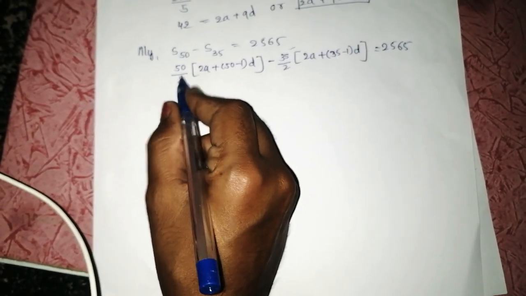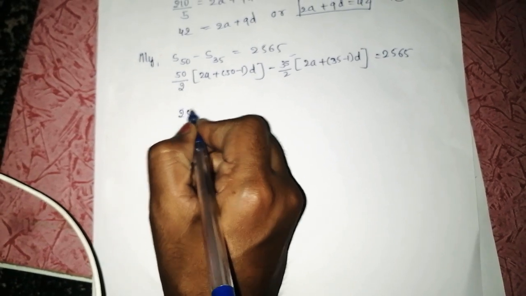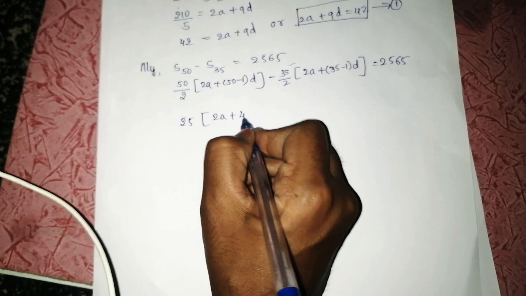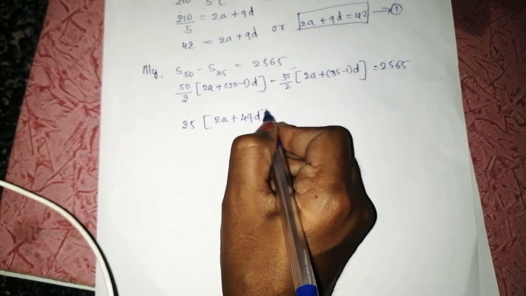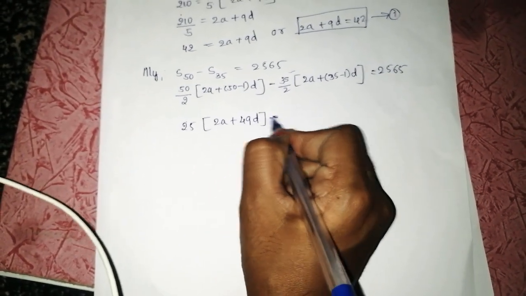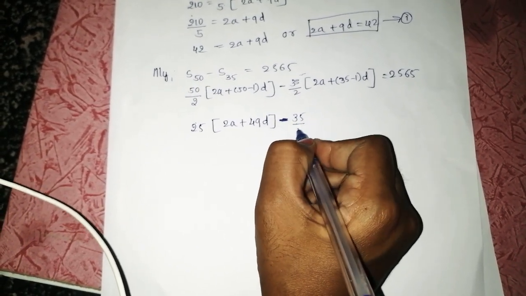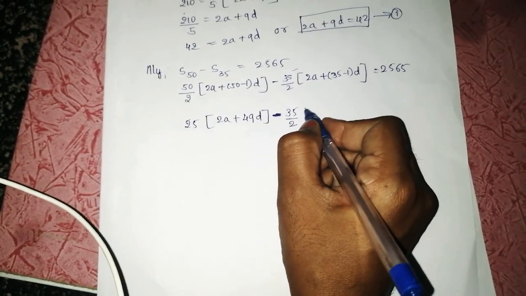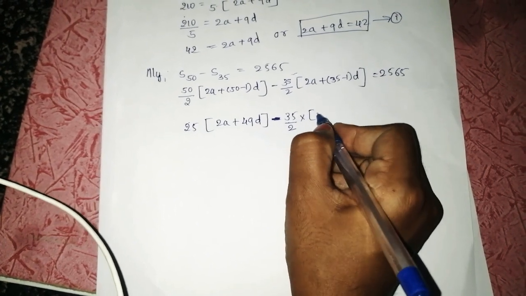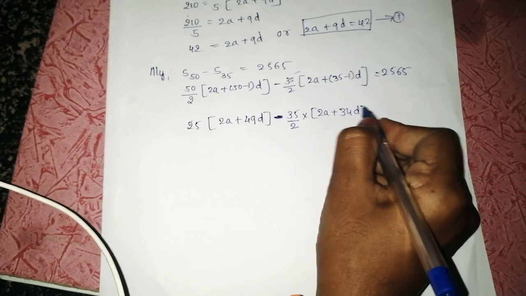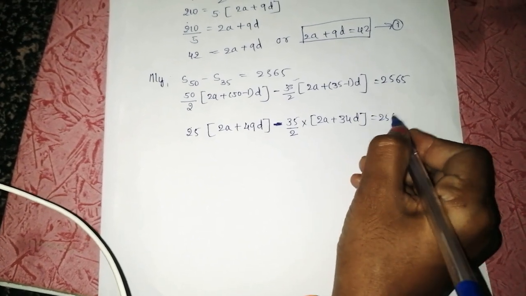Here 50 by 2 is 25 in the bracket 2a plus 49d, minus 35 divided by 2 into bracket 2a plus 34d, is equal to 2565.